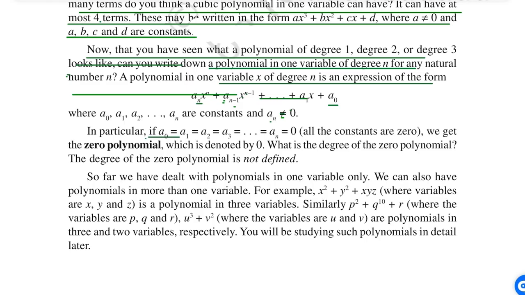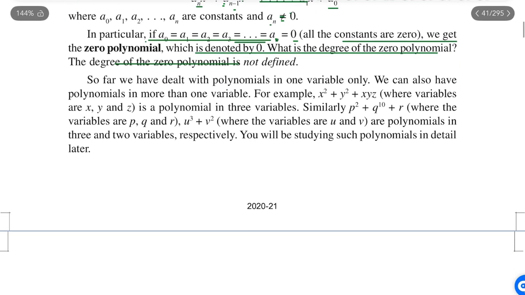In particular, if a_0 = a_1 = a_2 = a_3 = ... = a_n = 0, all the constants are 0, we get the zero polynomial, which is denoted by 0. What is the degree of the zero polynomial? The degree of the zero polynomial is not defined.